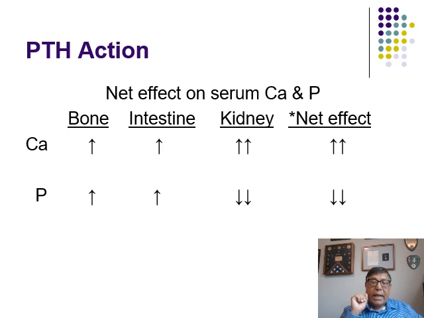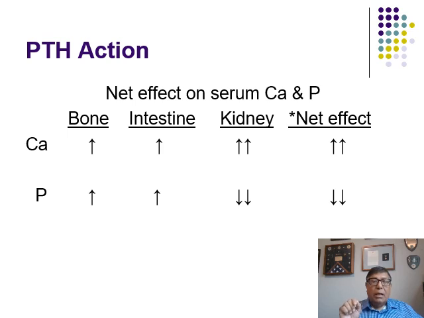So once calcium is absorbed, that's the active process, energy is generated, and phosphate just goes through. So in the bone and intestine, the effect of parathyroid hormone is positive for both calcium and phosphate. However, the kidney is the final determining organ.